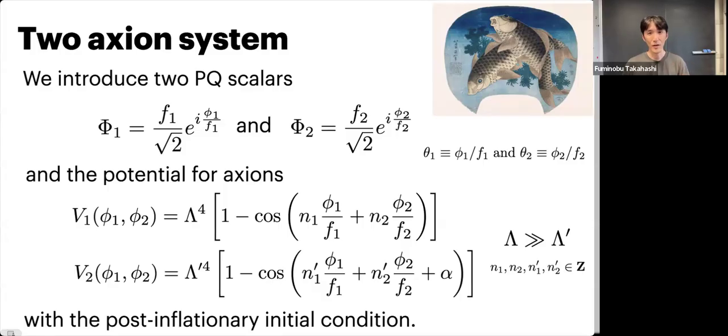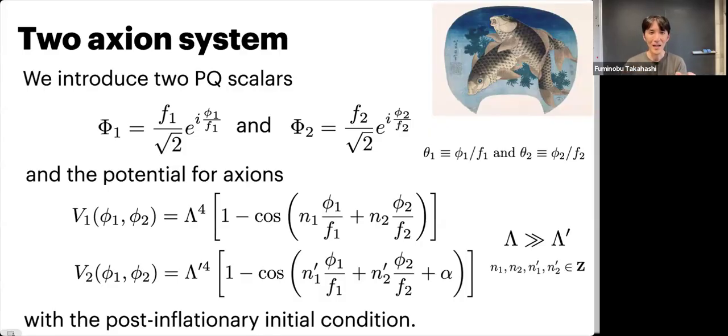For instance, suppose there are two PQ quarks that are separately coupled to phi1 and phi2. They have their charges under different U(1)s, so they couple separately to phi1 and phi2.